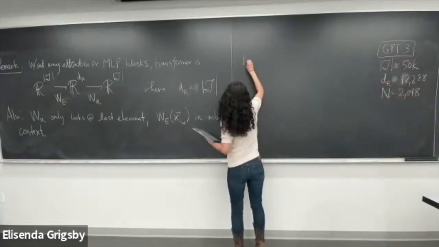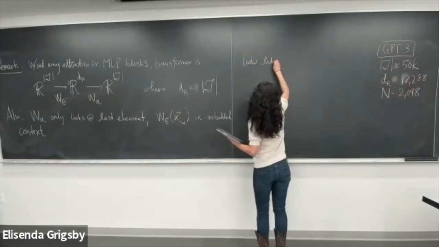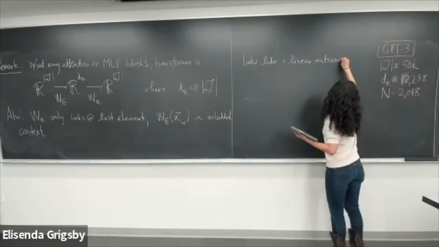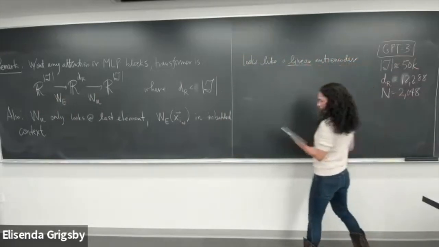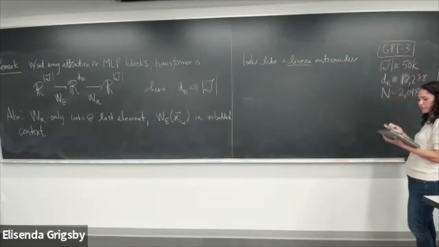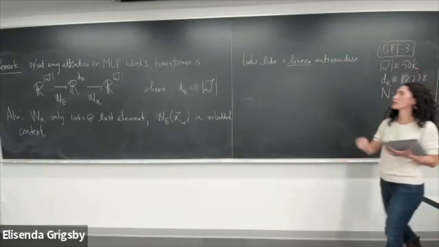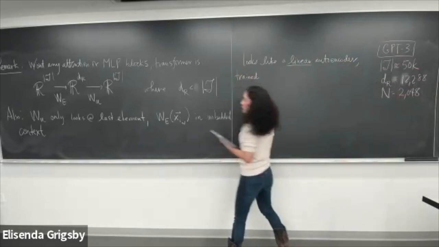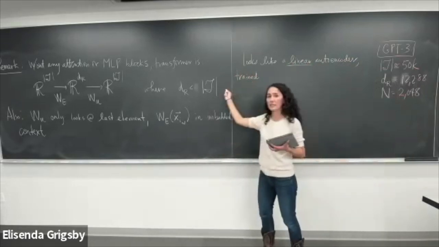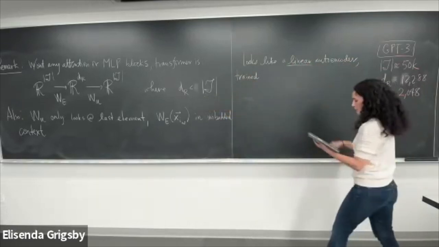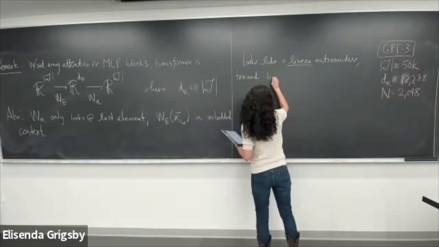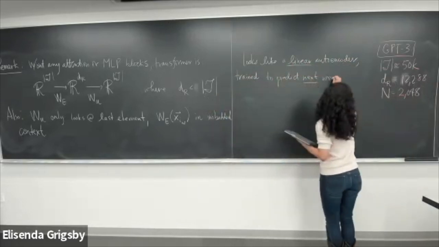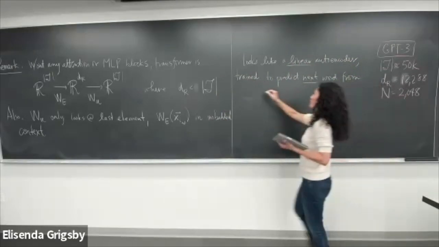So this looks like a linear autoencoder, but trained to predict the next word from the last word of the context. So after training, if you've done your training well, it should predict the next word from just the previous word.